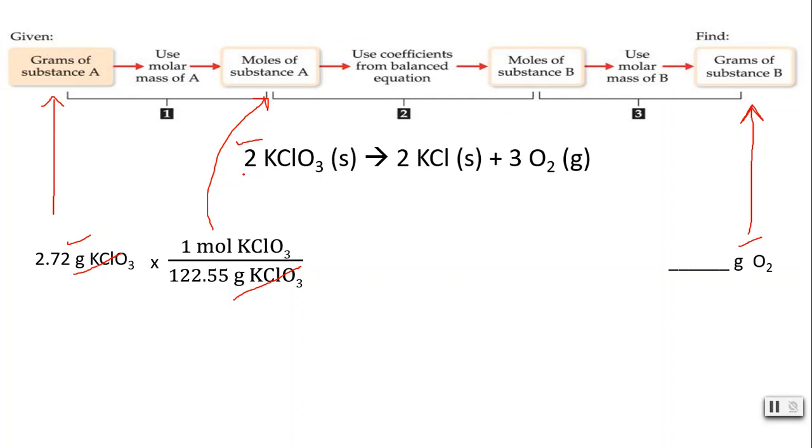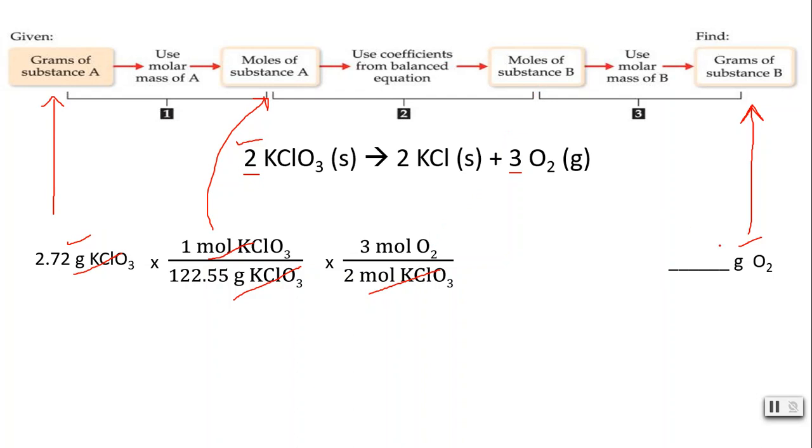And so I see here that for every 2 moles of KClO3, I have 3 moles, excuse me, of oxygen gas. So I will write that appropriately here so that my mole KClO3 units cancel. I now have moles of oxygen gas as my unit. So I'm now at moles of substance B, of oxygen.